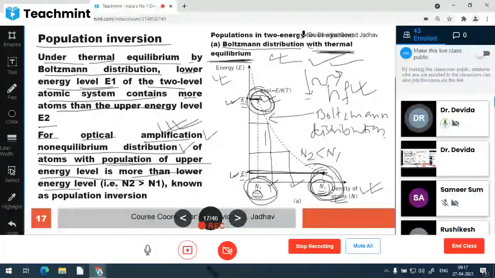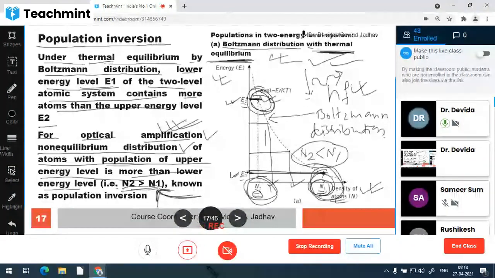But now in non-equilibrium condition, N2 must be larger than N1. N2 is the conduction state atom number, and N1 is the valence state atom number. So the number of atoms in the conduction state must be larger than the number of atoms in the valence state.